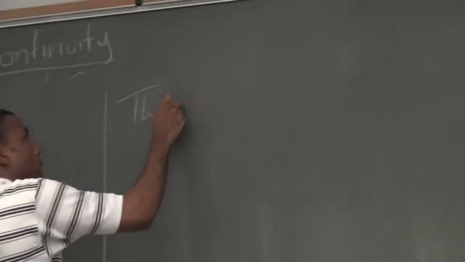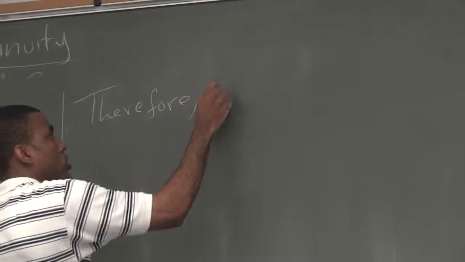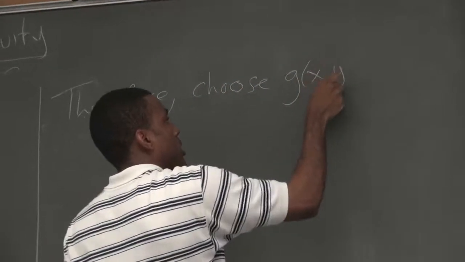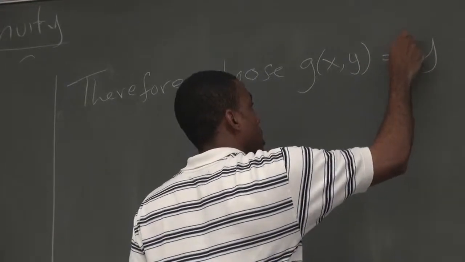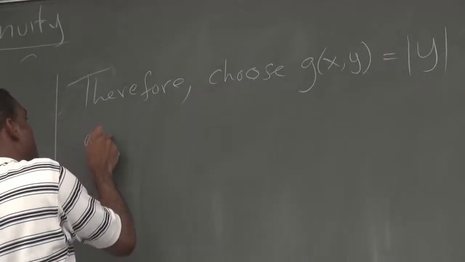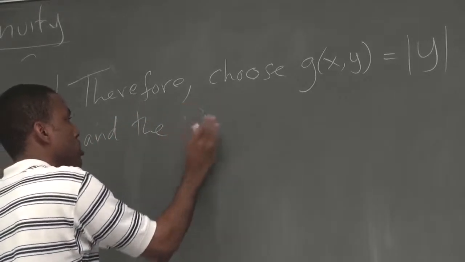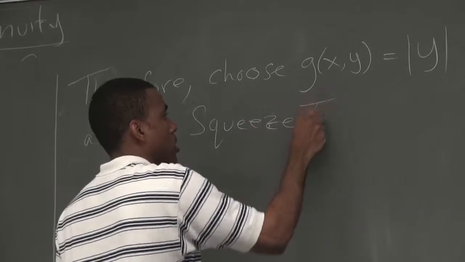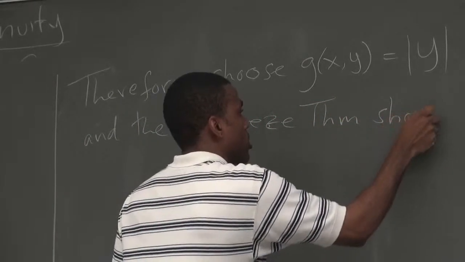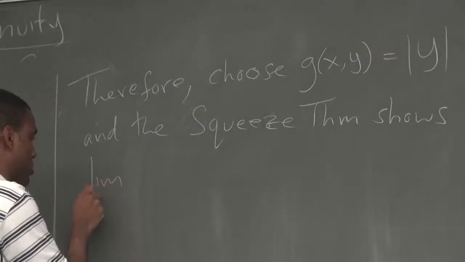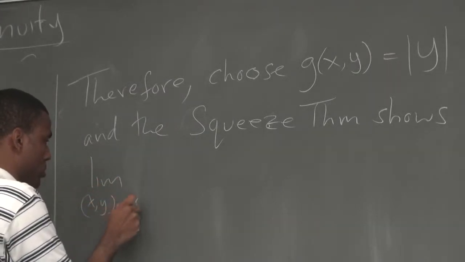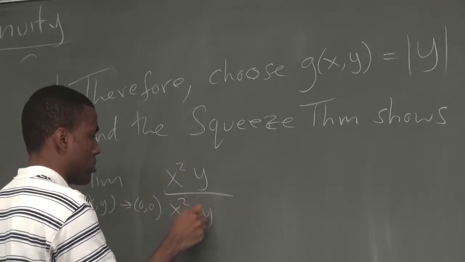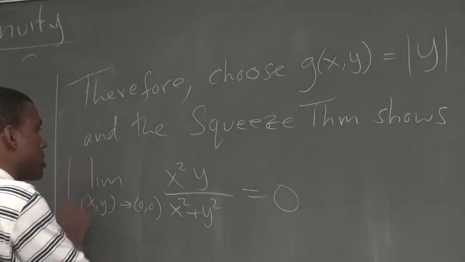Therefore, choose g of (x, y) equals y, and the squeeze theorem shows the limit is actually 0.